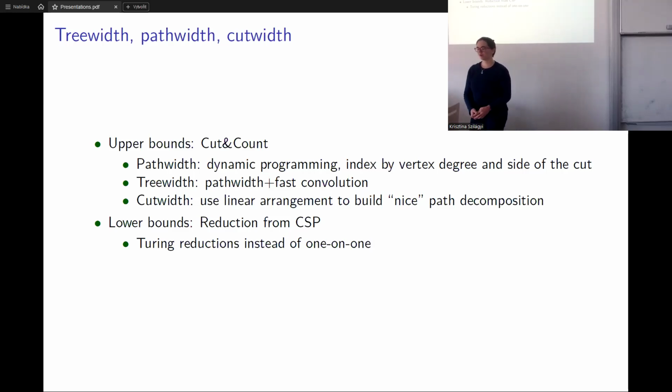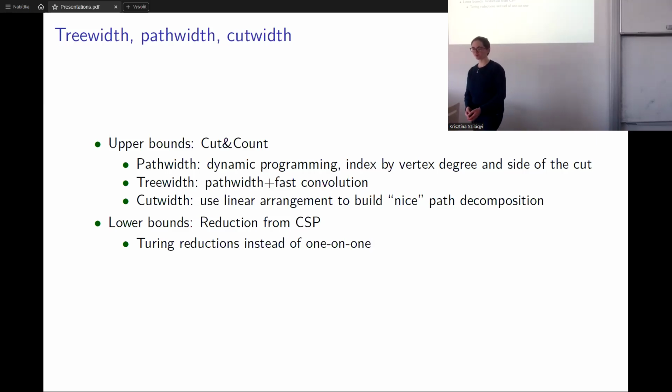For pathwidth, we have more or less standard dynamic programming where we index by vertex degree and side of the cut. For treewidth, we do the same, except that we have a problem with the join nodes, which we don't have in pathwidth, which makes our algorithm slower.